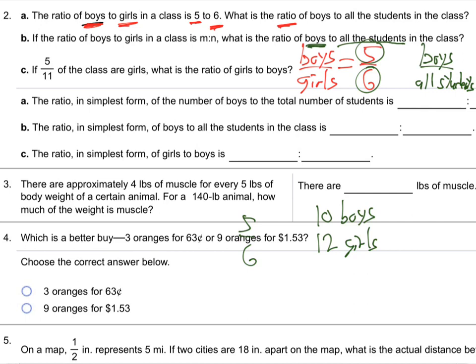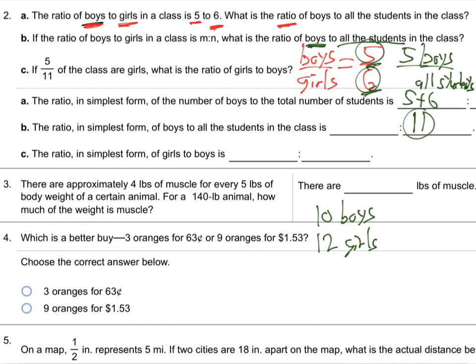So it doesn't mean there's necessarily exactly 5 boys or 6 girls. That means for every 5 boys, there are 6 girls. They're in that ratio. So that means for every 5 boys, there must be 5 plus 6, 11 students, huh? That's exactly right. For every 5 boys, there must be 11 students because there's 5 boys and 6 girls in every group.